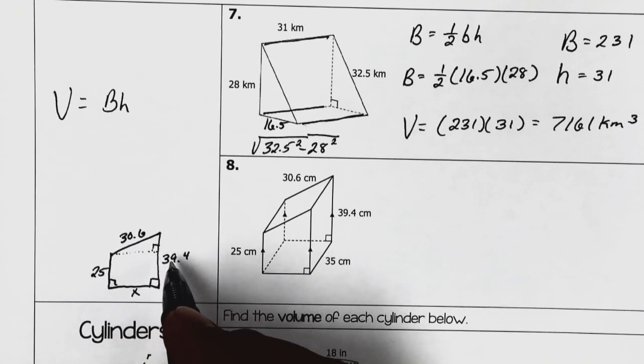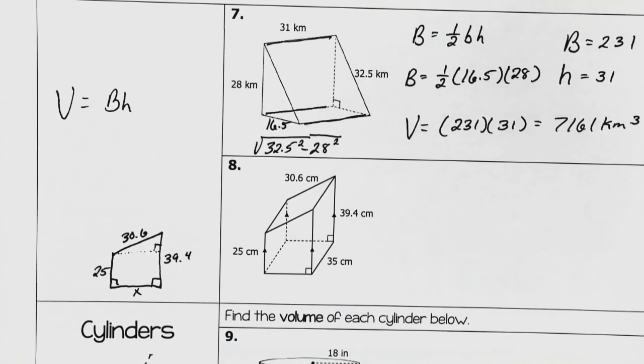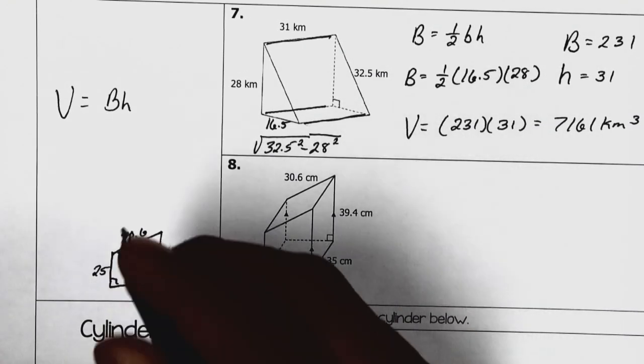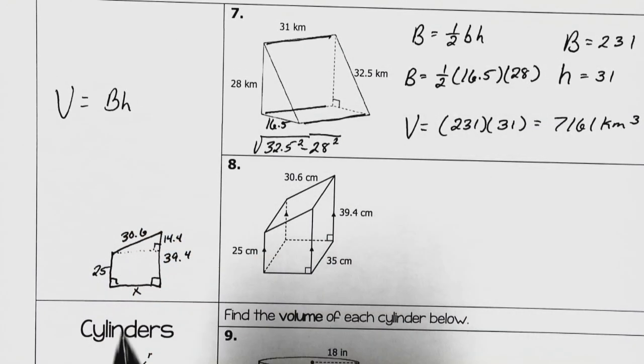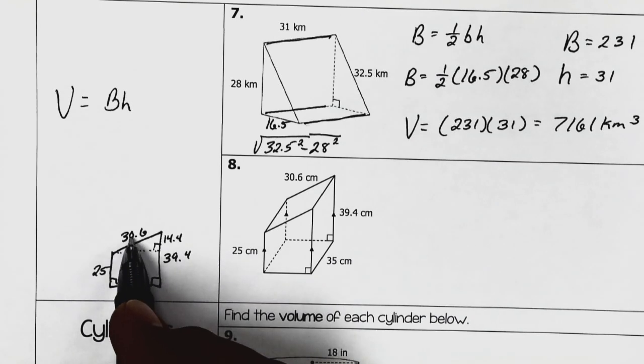So what I have to do is take 39.4 and subtract 25, which gives me 14.4. So this is 14.4. And so then here's my right triangle right here with the 30.6 and the 14.4.